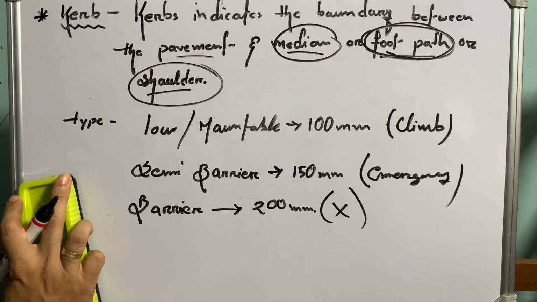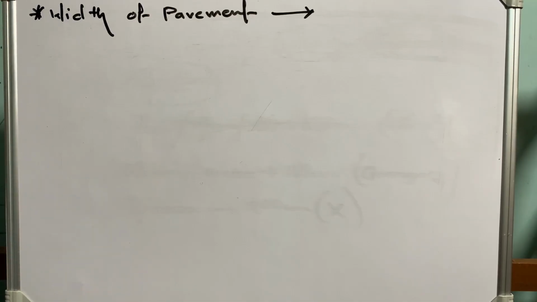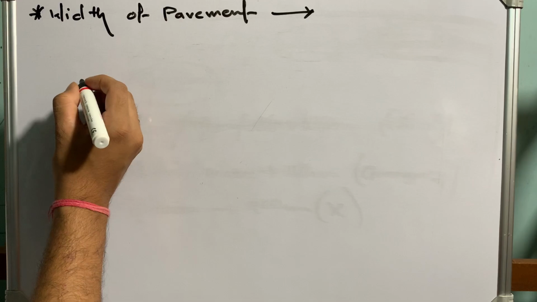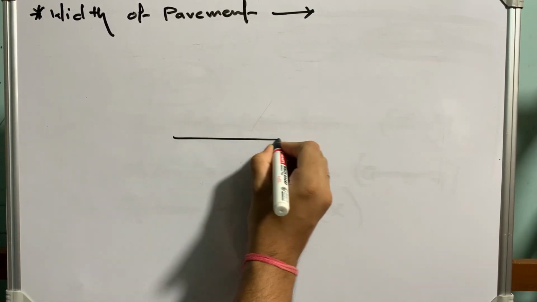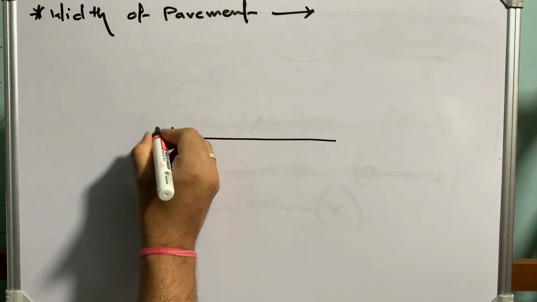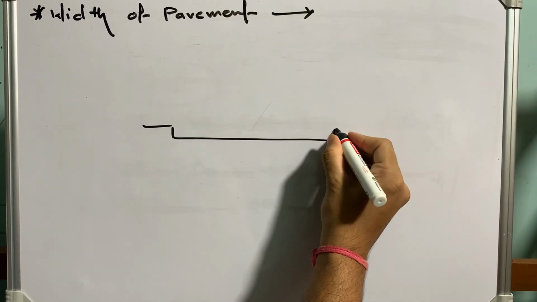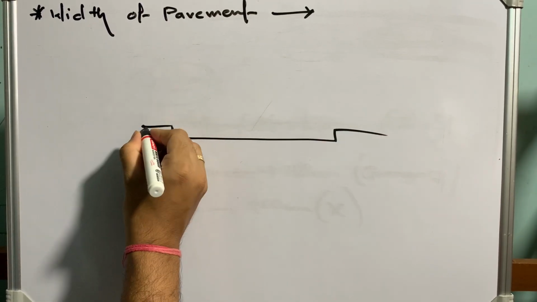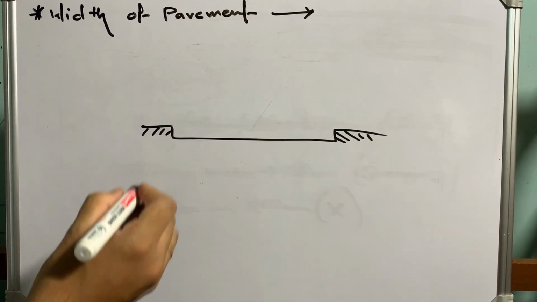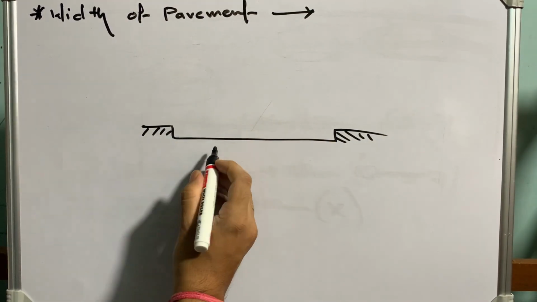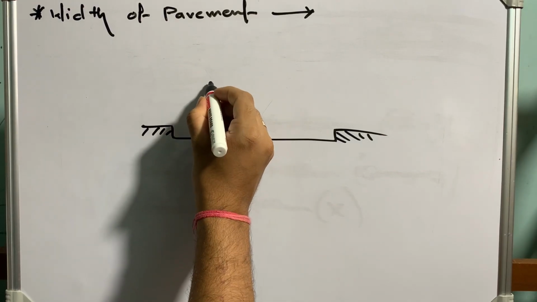And for the barrier, you cannot climb because the height is 200 mm, almost 20 centimeters, so your vehicle cannot climb that. Another one is width of pavement. How much width should a pavement have?